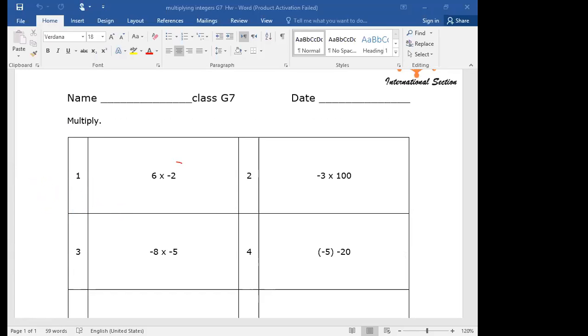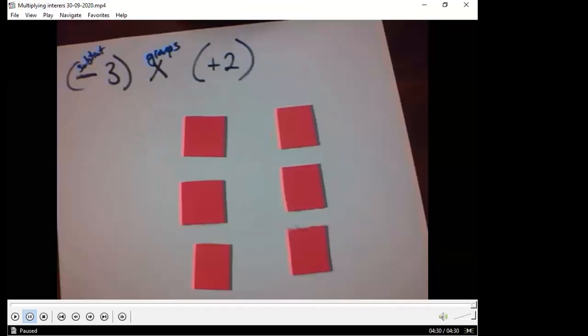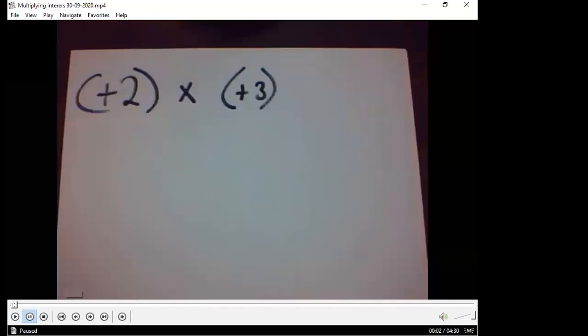So this was a sheet about how we will divide or multiply with different sign or with same sign. What about today? Today we want to talk about how we will use algebraic tiles to multiply. Let's start with this example.